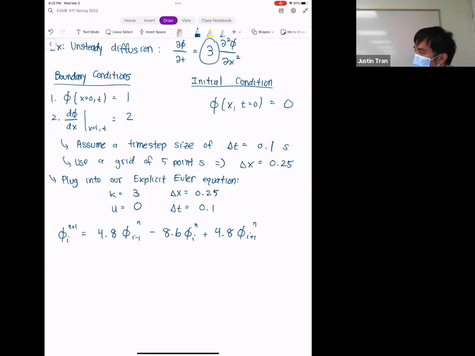So not that different yet. We've done this before: we took our finite difference approximations, plugged in our parameter values, and got an algebraic equation. So that isn't new. What is new is what we're actually going to do with this.